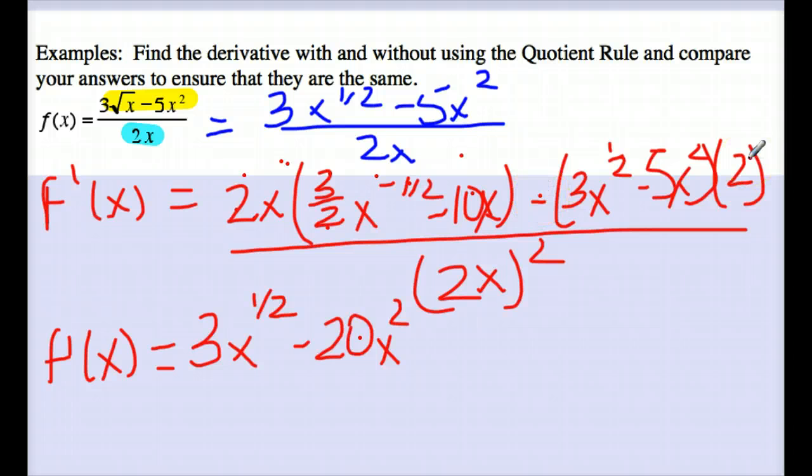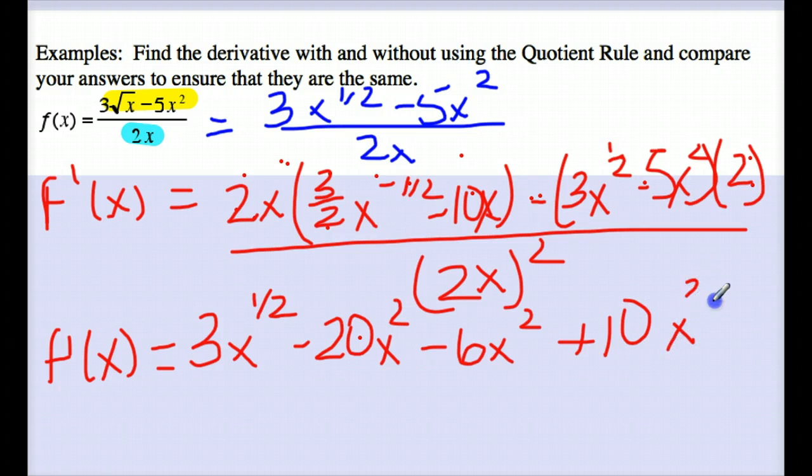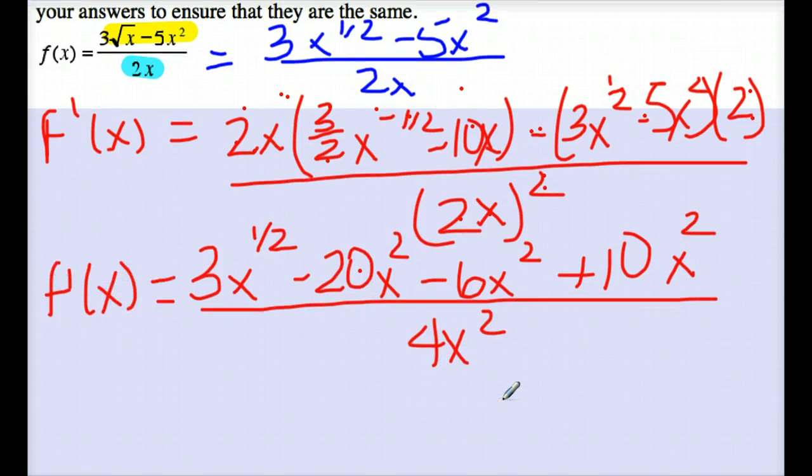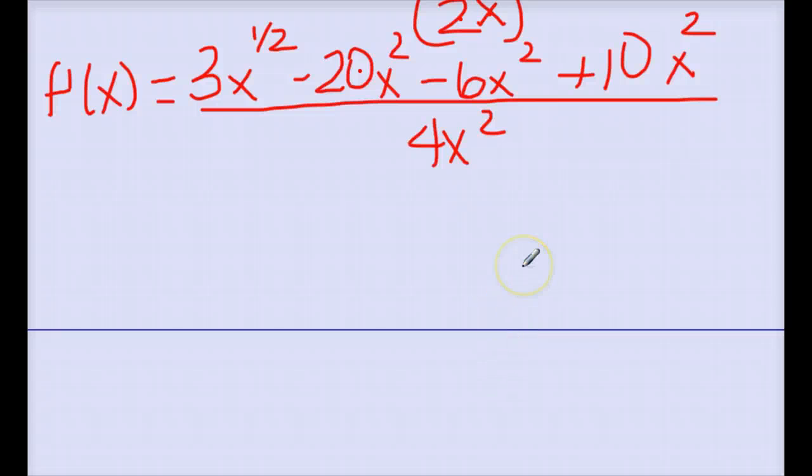And then I'll distribute these together, so I get minus 6x squared plus, because the negative here is a negative 10x squared. I'm sorry, positive 10x squared all over 2 squared x squared is 4x squared.